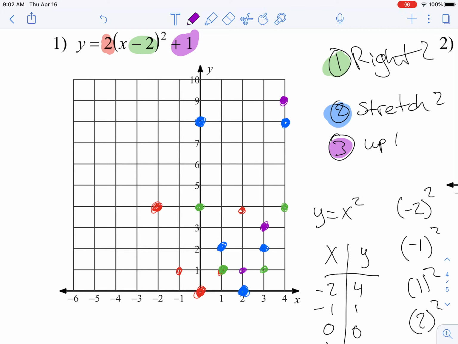In our Algebra 2 trig class, we do transformations in there too, but they're a little bit more involved, and we're using more than just quadratics. We're using all kinds of different functions. But in our Algebra 2 class, what we would do is we would do all these, and then a lot of the kids liked to take their eraser, or really, you could just put your parabola through your final one.